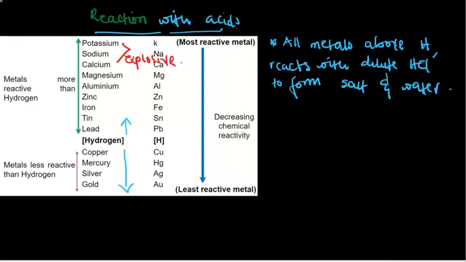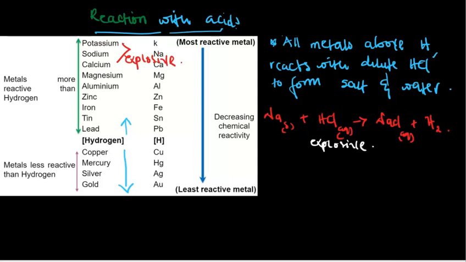The reaction of potassium and sodium with dilute hydrochloric acid is very explosive. If we get sodium plus HCl, we expect to produce sodium chloride, which is the salt, plus hydrogen gas. This reaction is explosive. So the first two, potassium and sodium, react with acid very explosively.